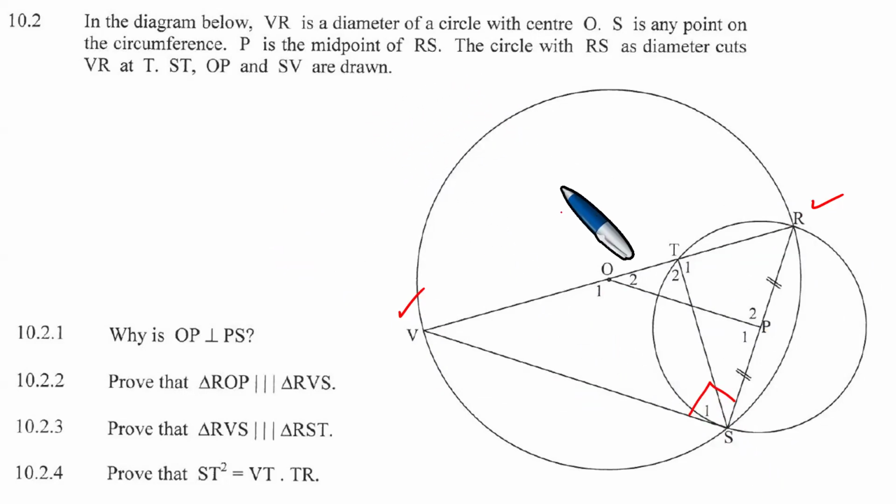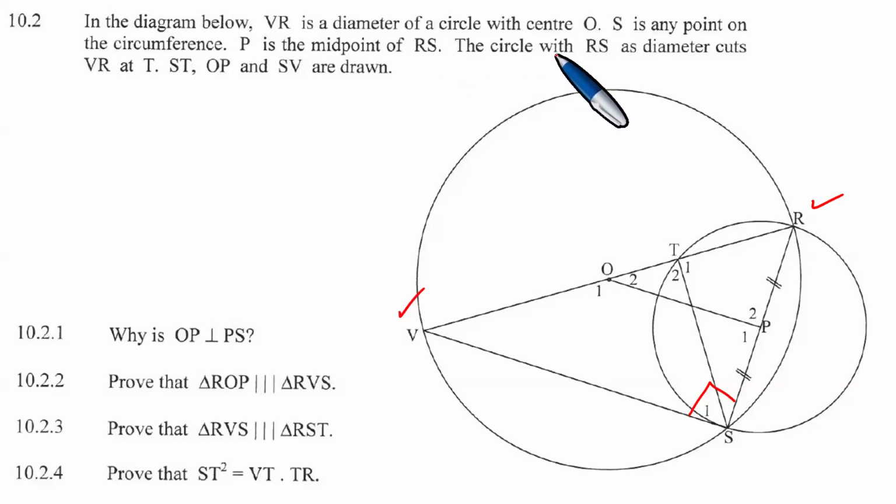Of a circle with center O. S is any point on the circumference. P is the midpoint of RS. So it is in the middle. Obviously, the examiner marked it for us. If P is the midpoint, so it is in the middle, so this bit equals this little bit over there.